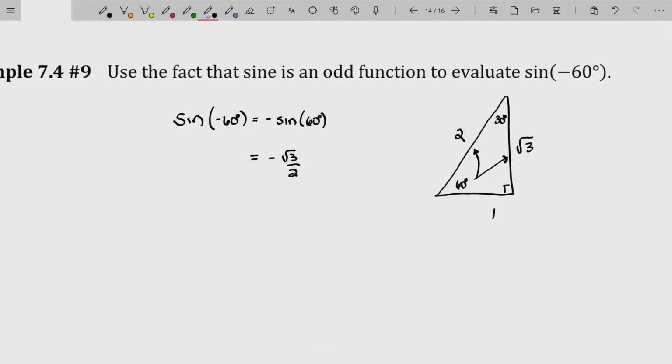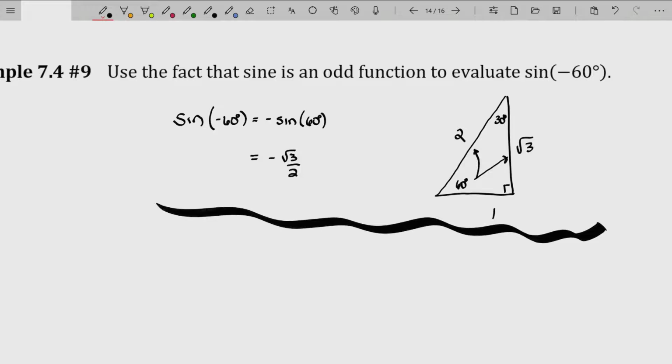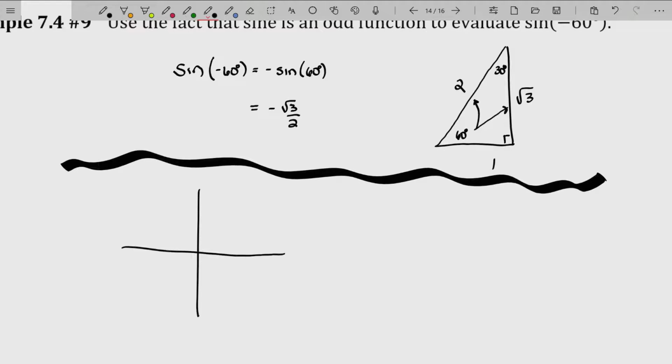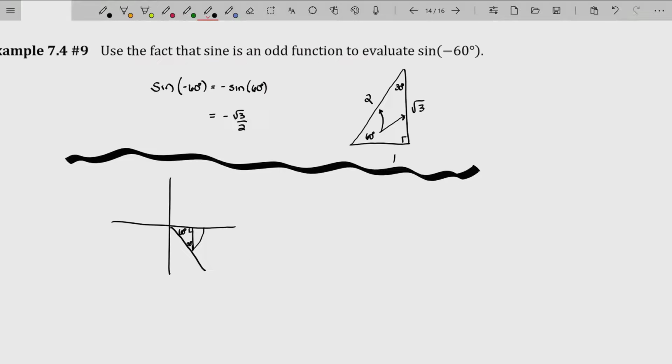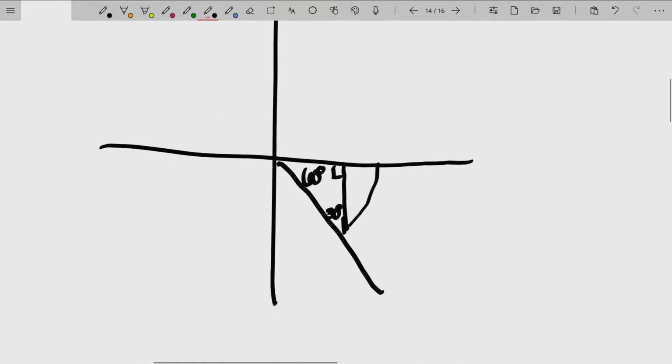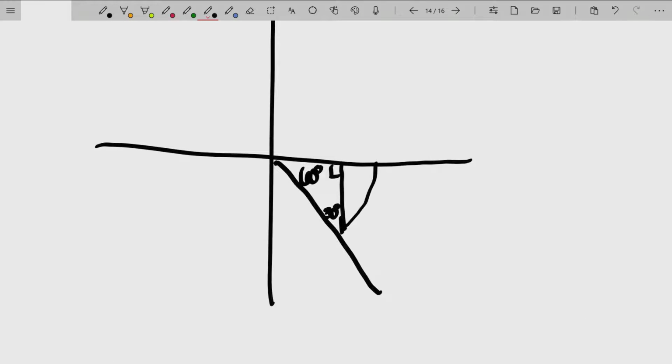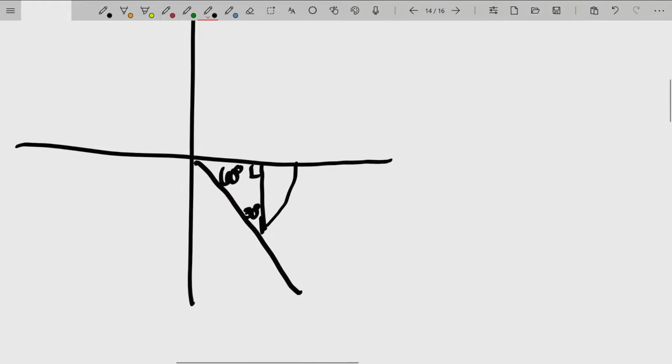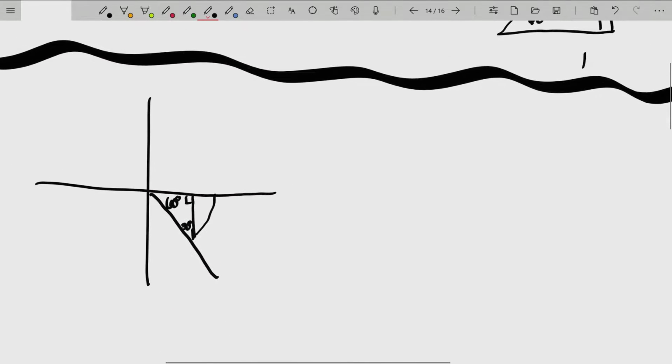If you were to not use an odd property, let's suppose that instead nobody told you what to do and they just said evaluate this, you could have easily done this problem by saying, well, I rotate down 60 degrees. And I went ahead and filled that in there. Notice that we are in quadrant 4. So as I've mentioned previously, trig is pretty much about reference angles and quadrants. We are in quadrant 4. Our reference angle is 60 degrees.